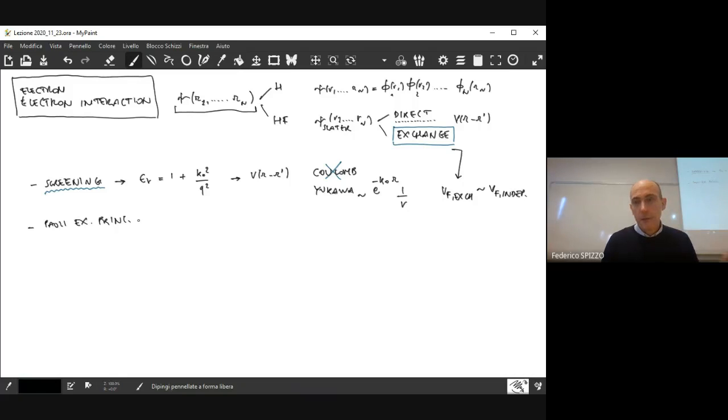Indeed, as we saw before, to require the stability of the Fermi sphere, we have to apply a strong constraint concerning the initial and the final levels in the system. So the initial levels have to be found in the system, but the final levels have to be exactly equal to the initial ones. Because otherwise, if you start to populate levels out of the sphere, at the end you destroy the sphere itself.